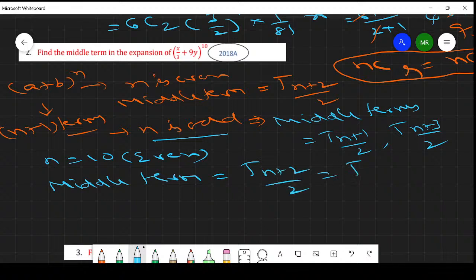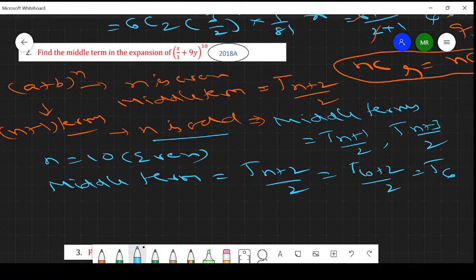What is the n value? 10. So T of (10 plus 2) by 2, T of 12 by 2, T6 it comes. If I expand, you will get 11 terms, 5 terms on the left side and 5 terms on the right side. The middle term will be T6.